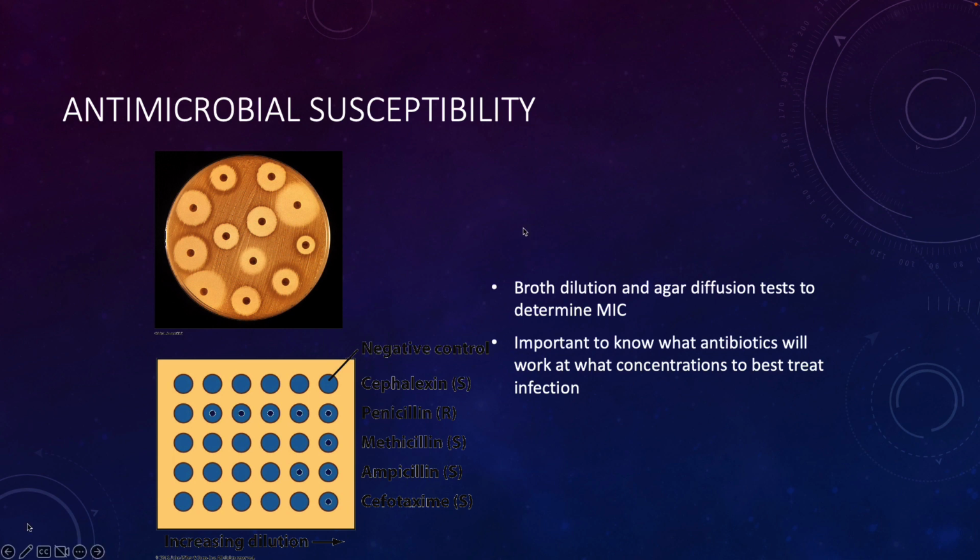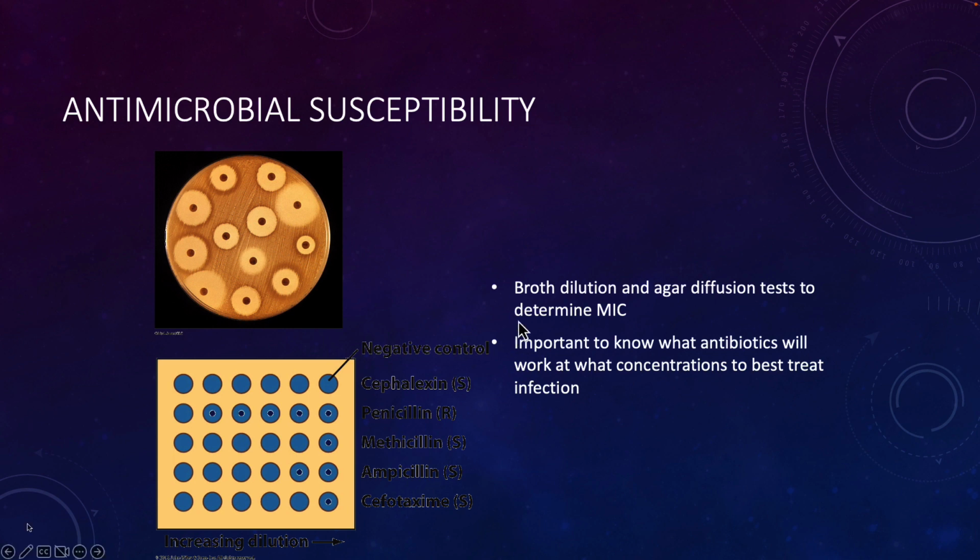And the idea is you test your bacteria against known concentrations of antibiotics, and you see if the bacteria is still able to grow. If it can't grow, great, you can still use your antibiotic. If the bacteria does grow, even in the presence of the antibiotic, you have a problem and have to move on to a new compound.